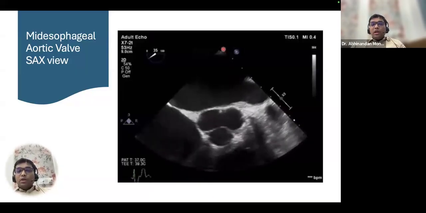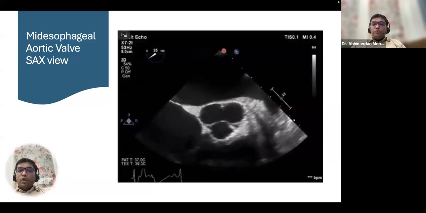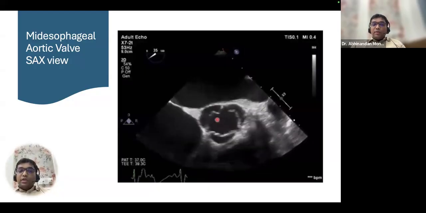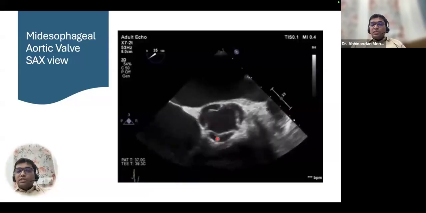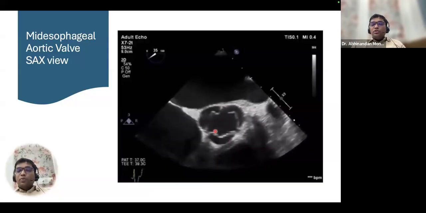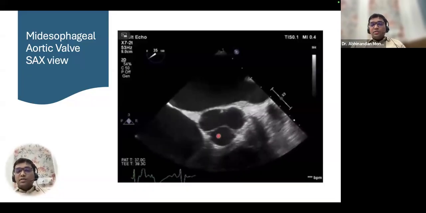Always remember, this is the most posterior part, that you are seeing from the posterior side of your heart. So that means you are seeing it from the back side. So this scallop, which is just opposite, is the most anterior scallop. So that means it has to be the RCC.